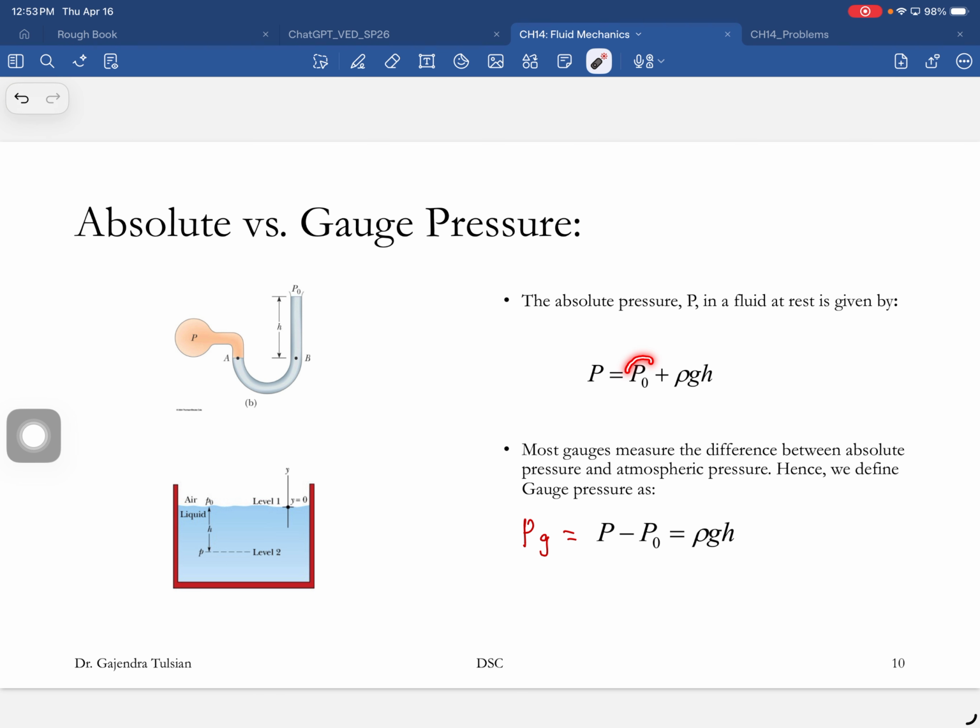So this is 15 pounds per square inch. If you go to a depth of 33 feet underwater, roughly twice this height, that would be another 15 psi. While you're walking around, there's 10,000 pounds crushing you.